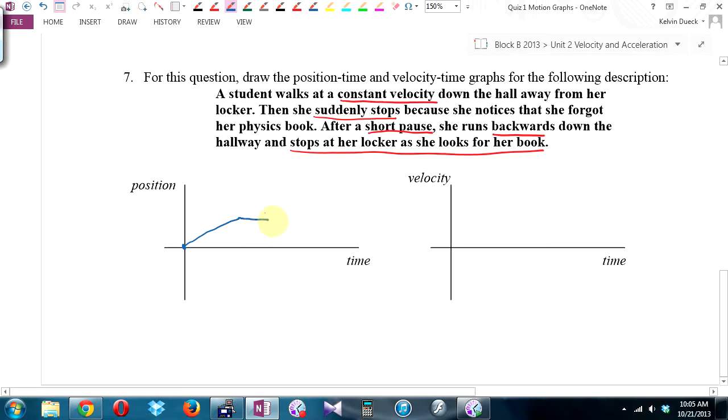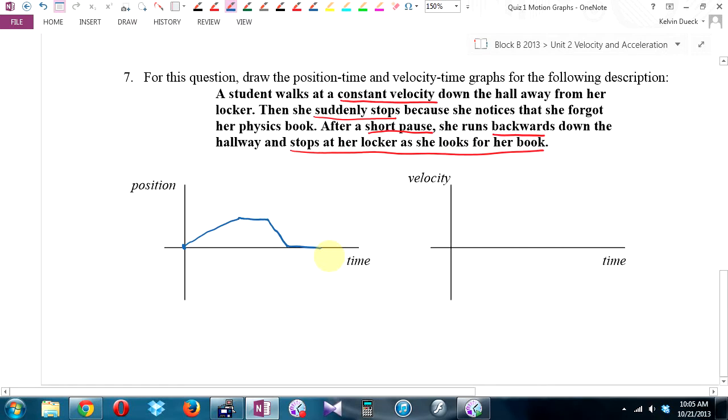There should be a horizontal chunk. After a short pause, she what? Runs. Oh, faster than before. I would look for this line to be steeper and negative than your first line. And stops at her locker. Something like that. I'll show you how the marks breakdown goes in just a second.